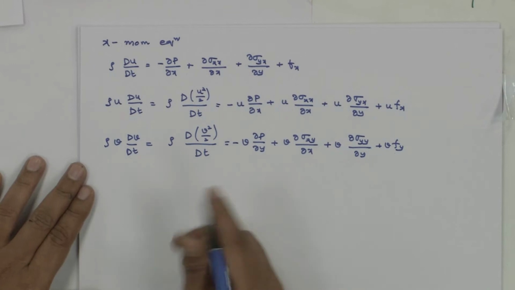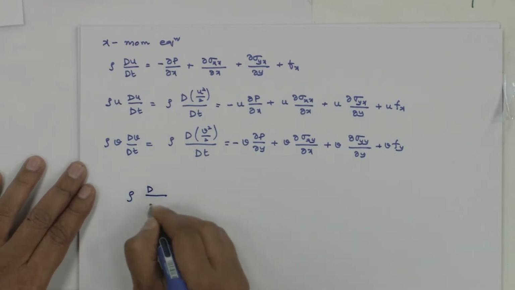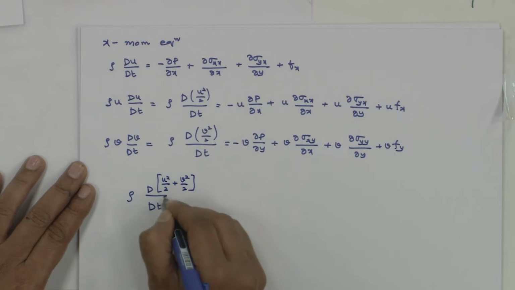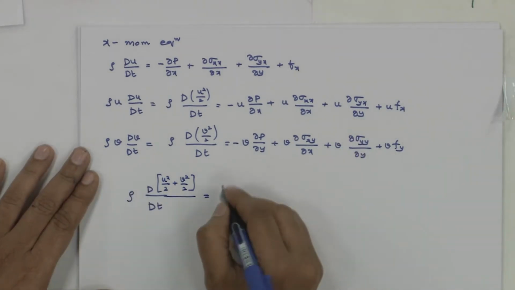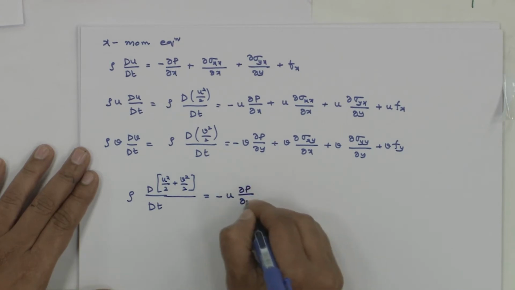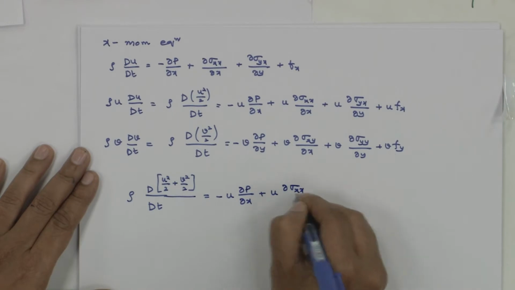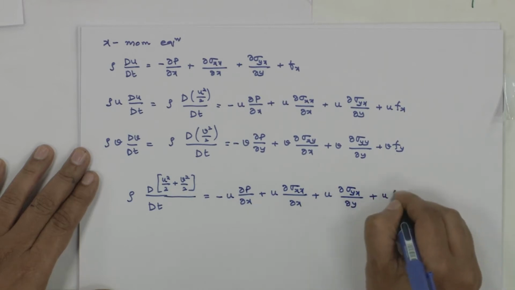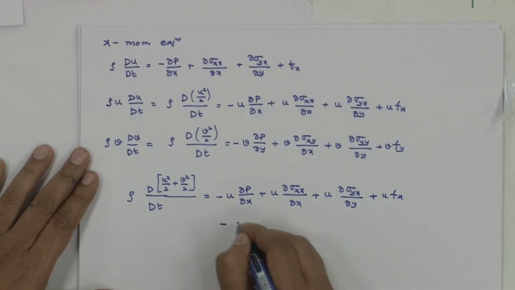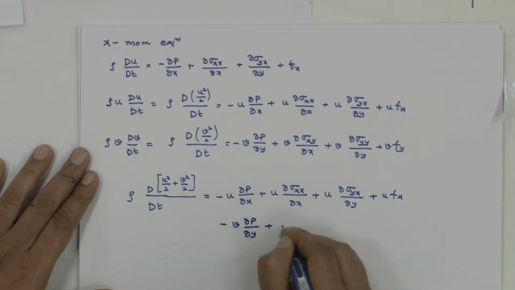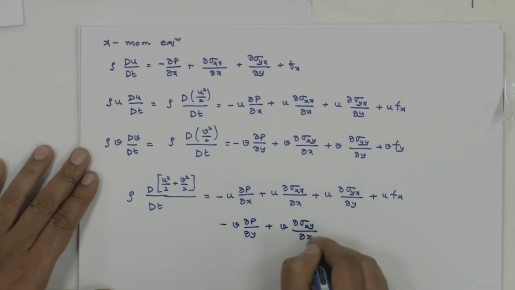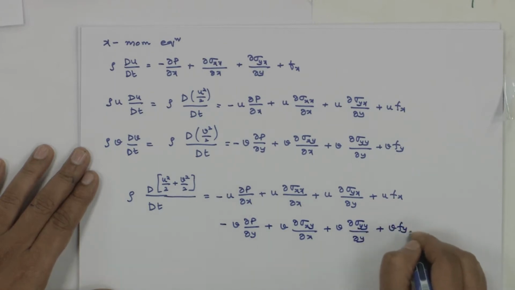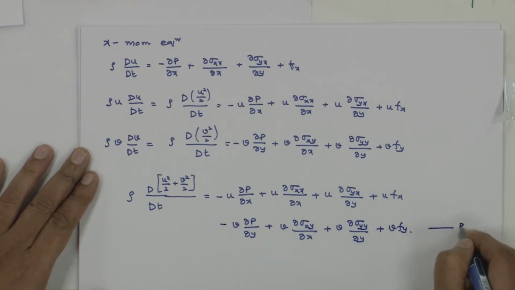So you get rho d by dt of u squared by 2 plus v squared by 2 is equal to, the whole of this we have to write: minus u del p by del x plus u del sigma xx by del x plus u del sigma yx by del y plus u fx, plus minus v del p by del y plus v del sigma xy by del x plus v del sigma yy by del y plus v fy. Let me call this equation B.